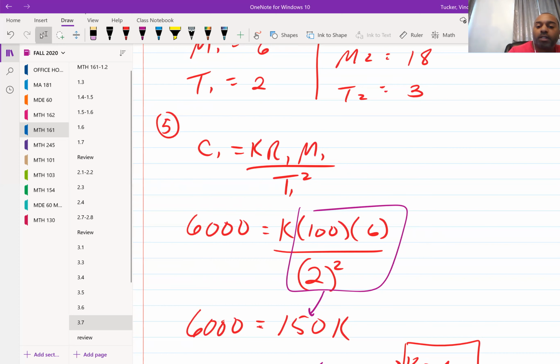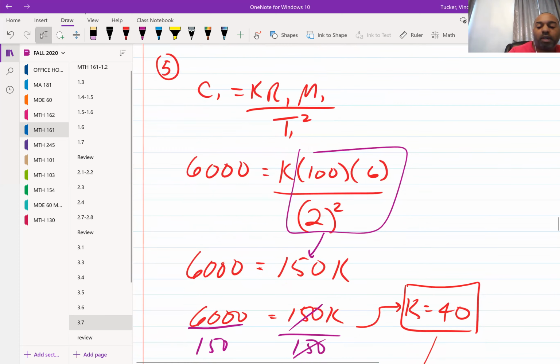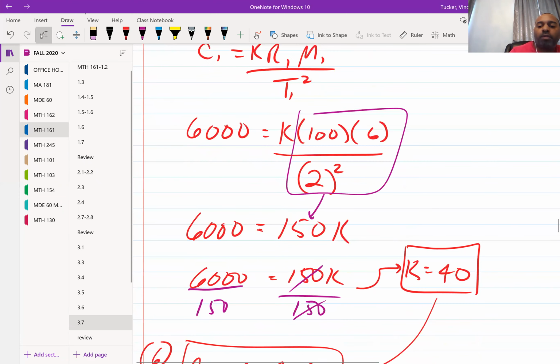That simplifies to 150, so we have 6,000 equal to 150K. Divided by 150, K is equal to 40.